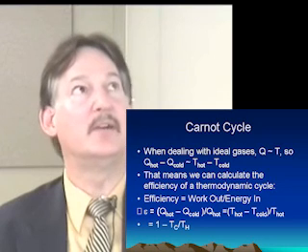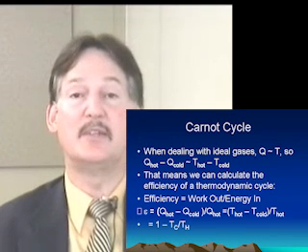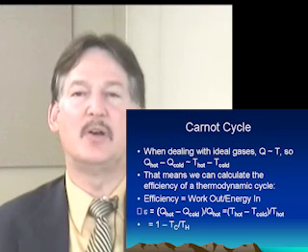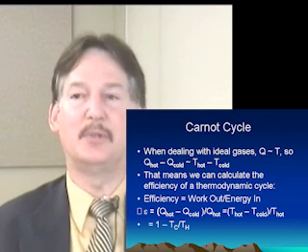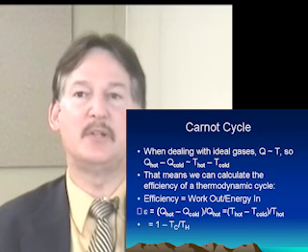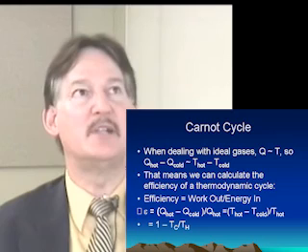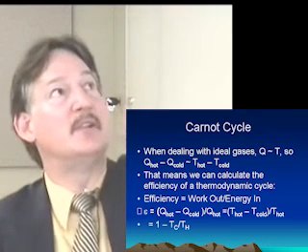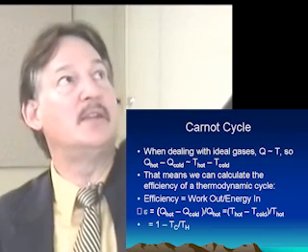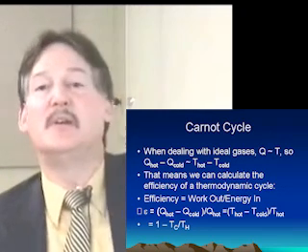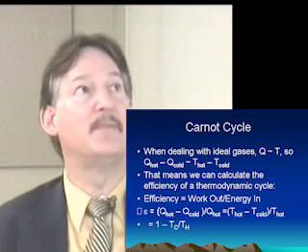Now, for a Carnot cycle and dealing with ideal gases, if you think back to our study of specific heats, you'll recall that Q equaled mc delta T. That was a relationship that showed that the heat energy put in or taken out of a mass m was proportional to the temperature change, so it makes sense that you might imagine that since the difference in the heat put in and the heat thrown away, it could also be proportional to the temperature of those two sides of this process.